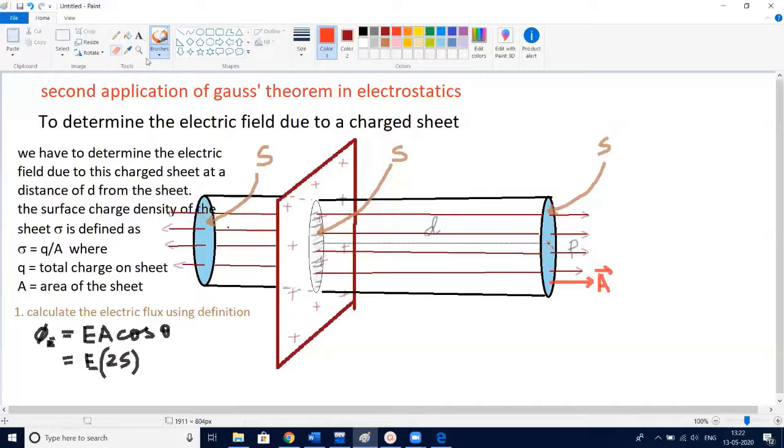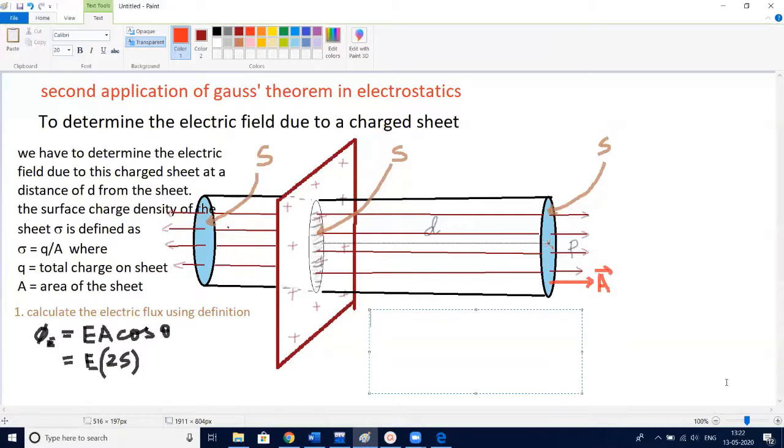The second step is we calculate the electric flux using Gauss's theorem. So how to do that?